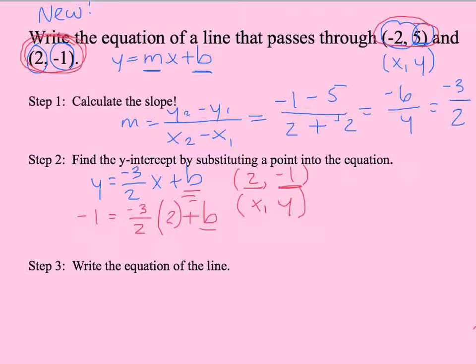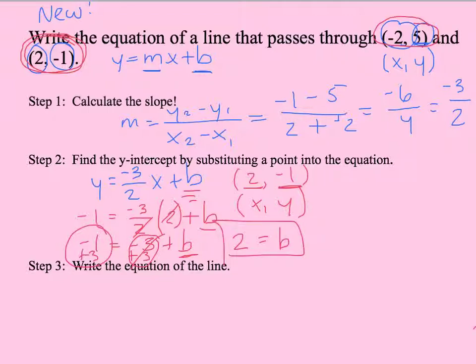So we can solve this through. The 2's cancel out here, so you get -1 equals -3 plus b. Then you can add 3 to both sides to get rid of the 3 on this side. You do -1 plus 3, which is 2, and that's equal to b. So now we have our y-intercept.